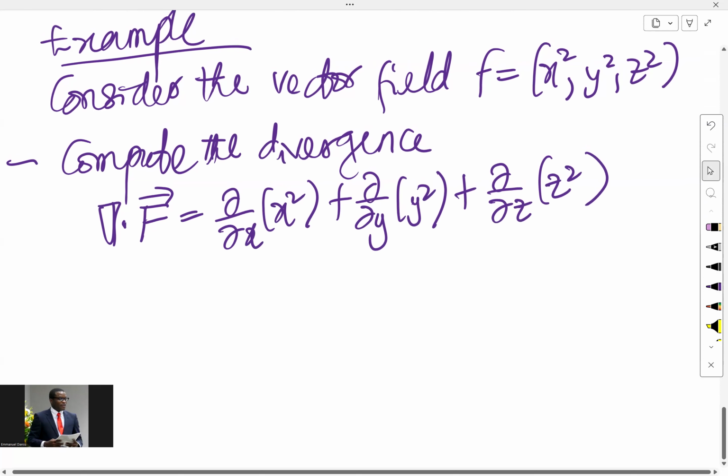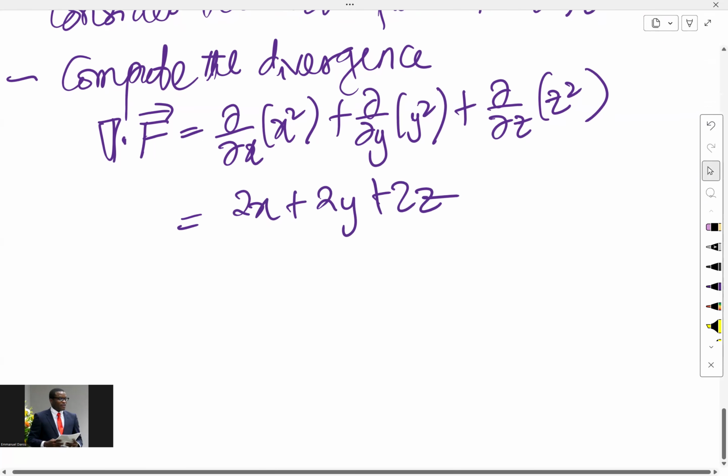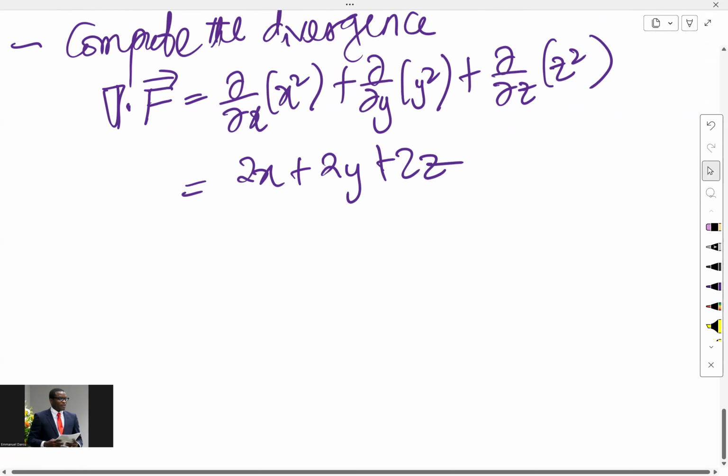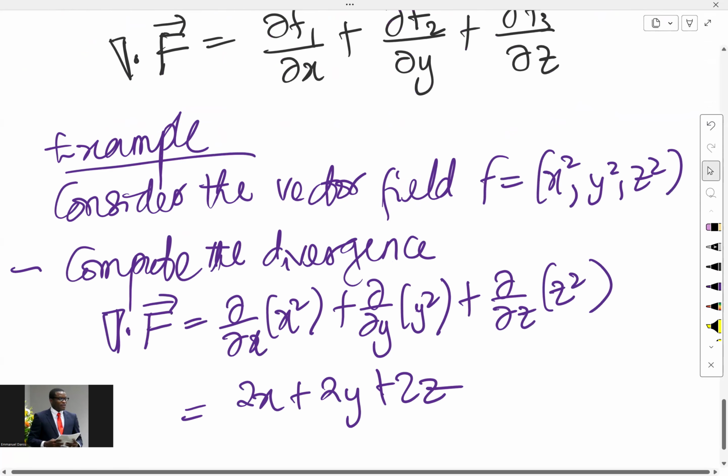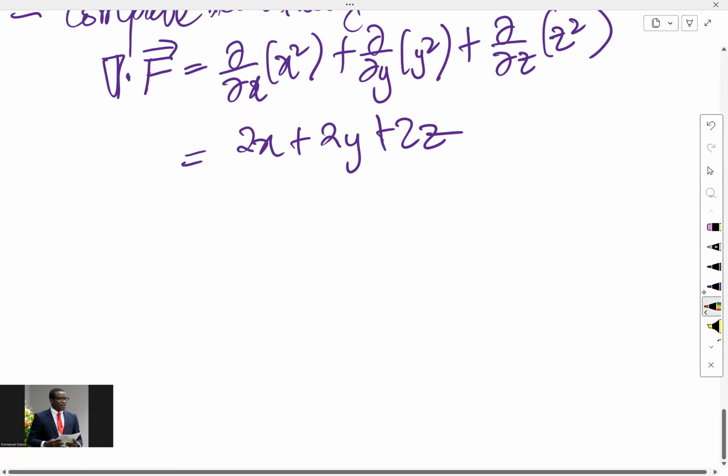And that's simply 2x plus 2y plus 2z. And that's all you get for this. So you can see that it's a scalar now. It's a dot product of the nabla and the vector field, which gives you a scalar. And then the interpretation is always of essence.